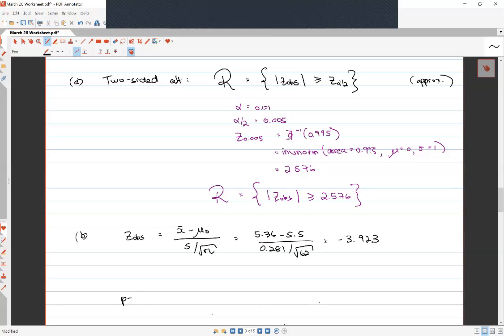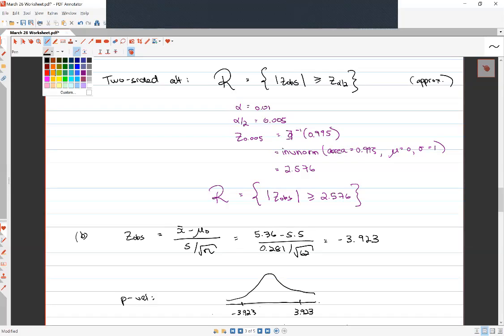Now, p-value. Our alternative here is two-sided. So we want to calculate the total area both to the left and to the right of the negative and the positive z observed statistic.